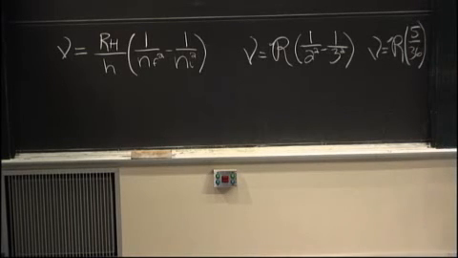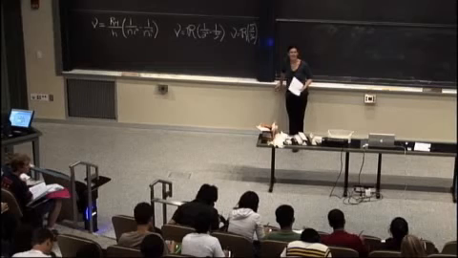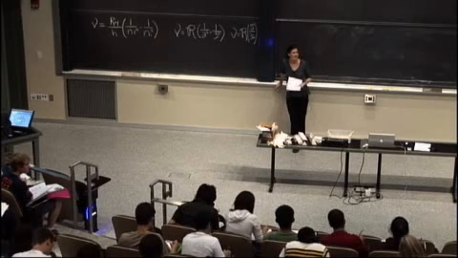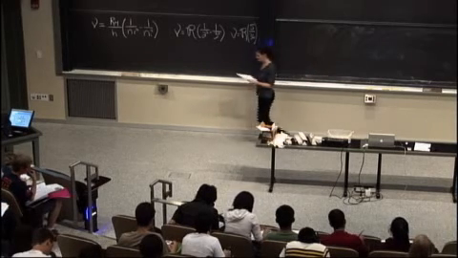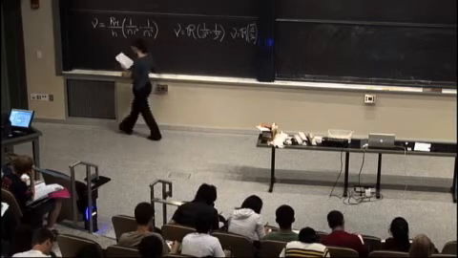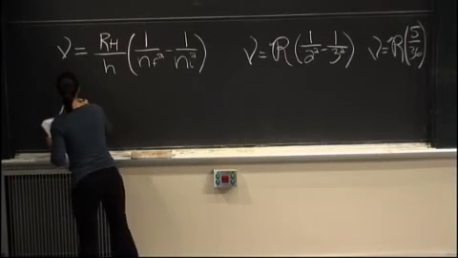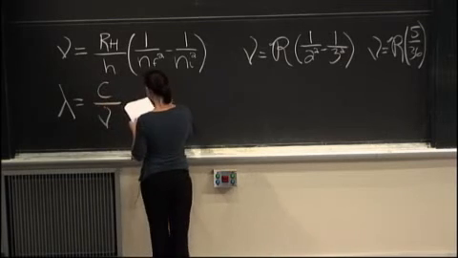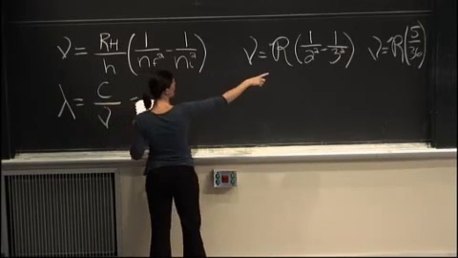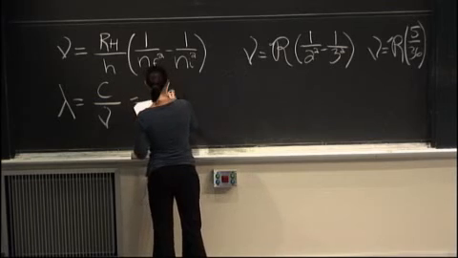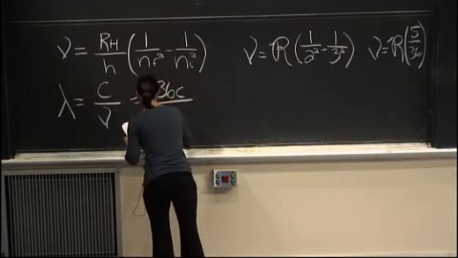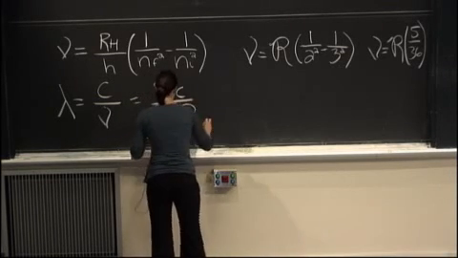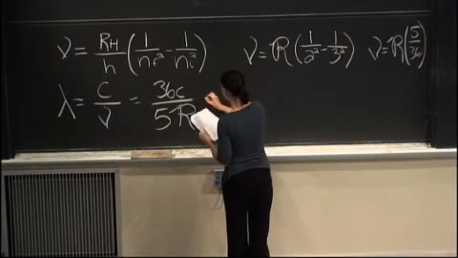But when we were looking at our different wavelengths, what we associate mostly with color is the wavelength of the light and not the frequency of the light. So let's look at wavelength instead. We know that wavelength is equal to c over nu. We can plug in what we have for nu. So we have 36c divided by 5 times that cursive Rydberg constant.